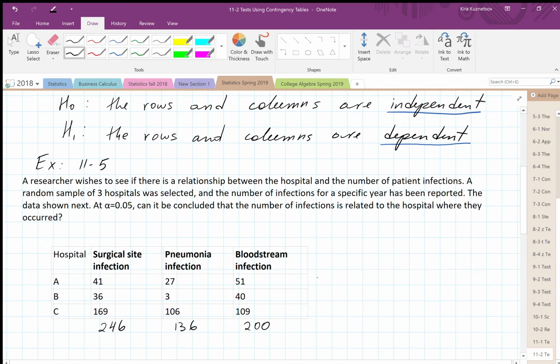In hospital A, we surveyed 119 people. In hospital B, we surveyed 79 people. In hospital C, 384. Now, notice that hospital B is obviously much smaller than hospital C, and therefore this 3 for pneumonic infection might somehow be affected by that.